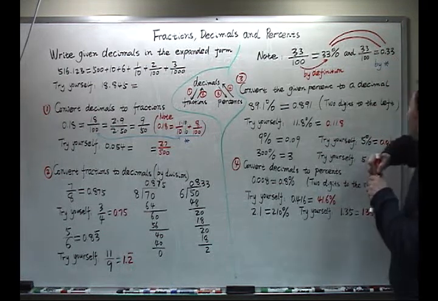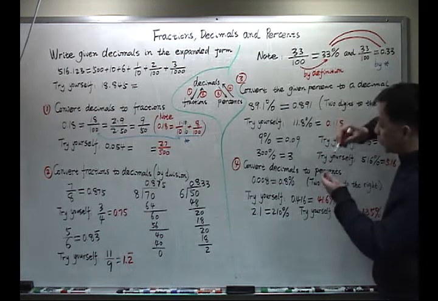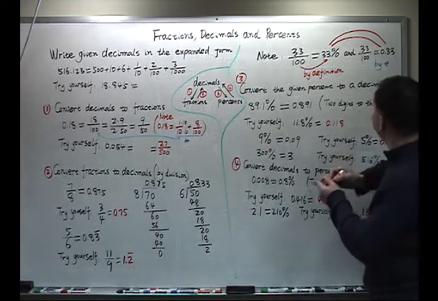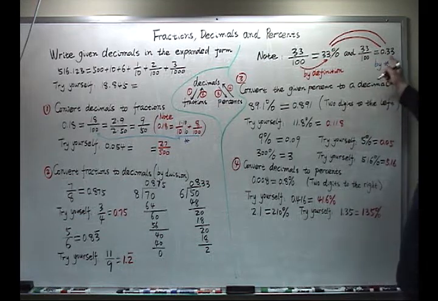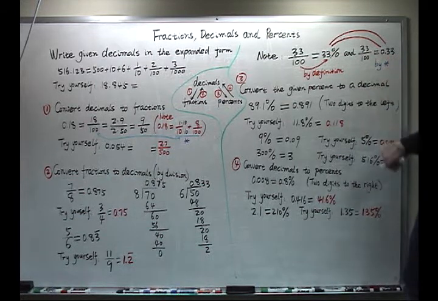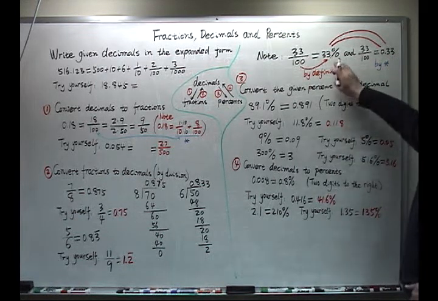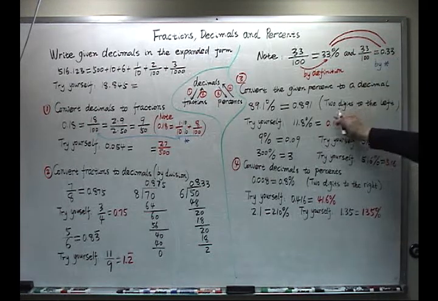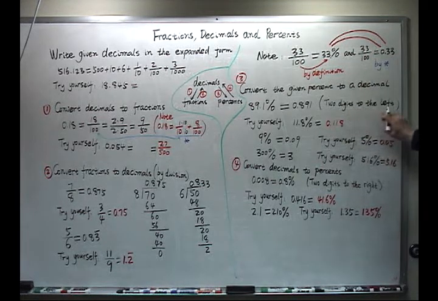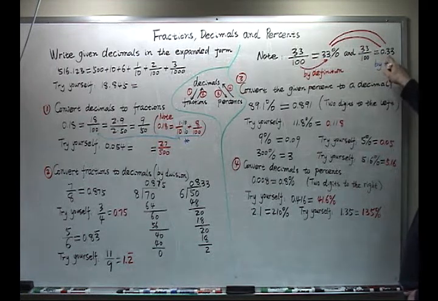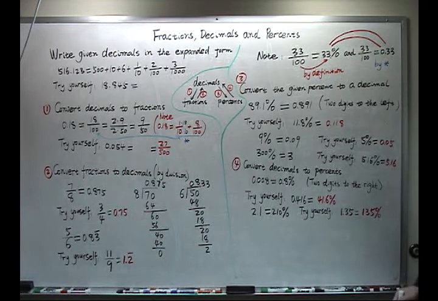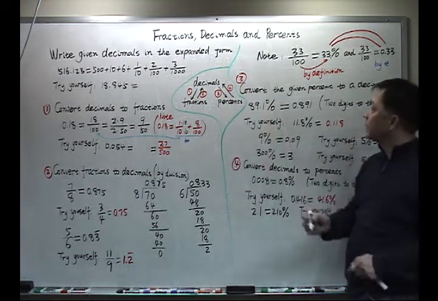So you see the decimal point originally was somewhere here. Now you have a point right here. So from percent to decimal is 2 digits to the left. Decimal point, 2 digits to the left. 0.33.